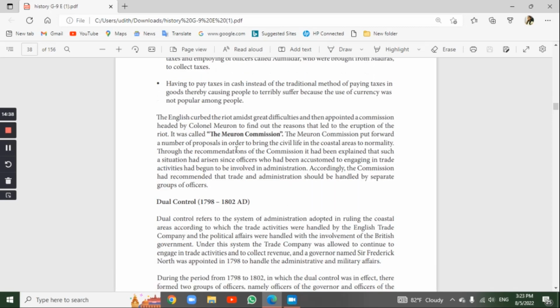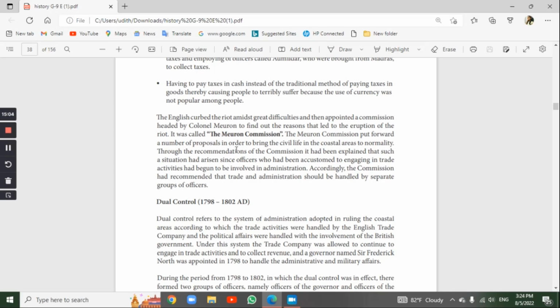Then the English curbed this riot with great difficulty, and they appointed a commission headed by Colonel Muran to find the reason for this. This commission was known as the Muran Commission. Colonel Muran, who was from Britain, came to our country to find the reasons for this riot.